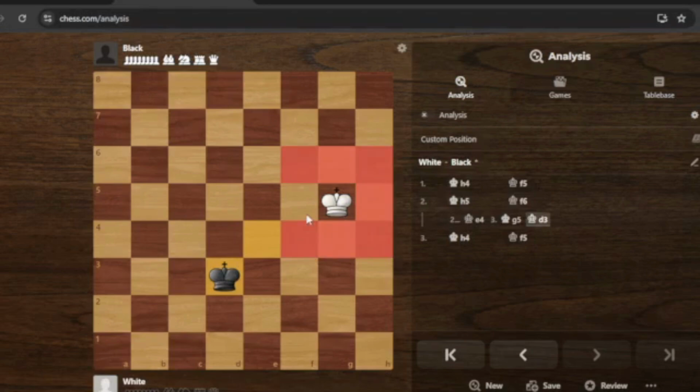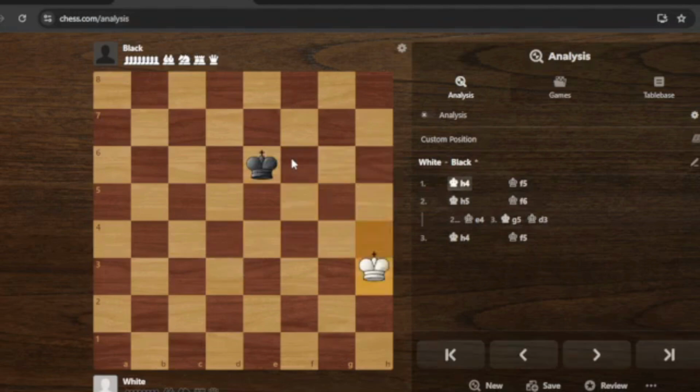So there will be a one block gap between the kings. So it cannot be a checkmate. It's just a one block gap, so it cannot be.